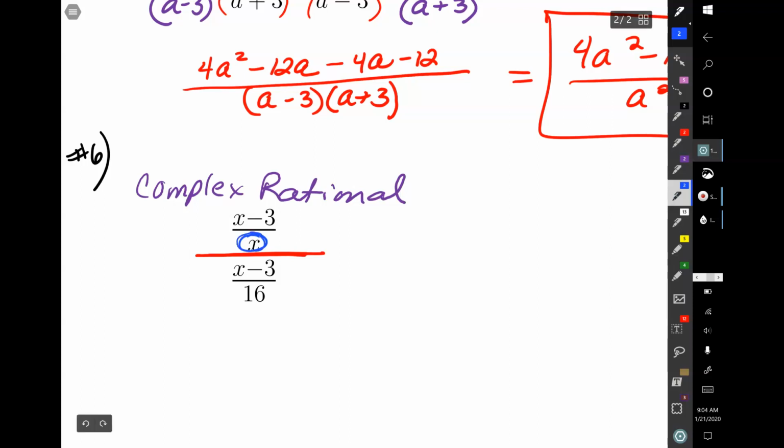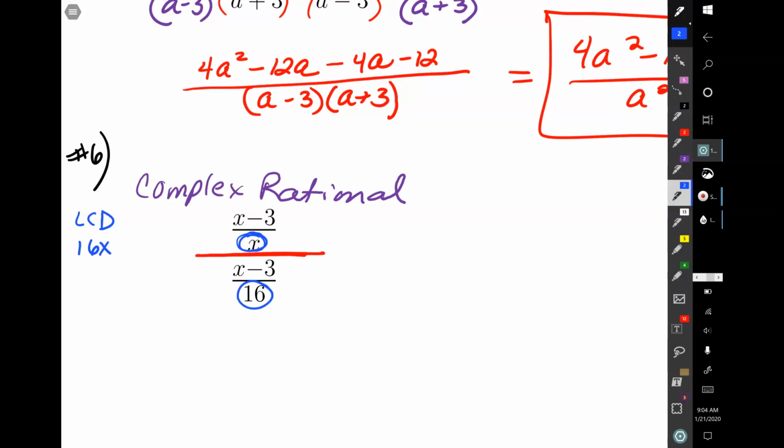So I have a denominator of x for that one. And then in the other fraction below, remember we have fractions within fractions, I have x minus 3 over 16. So I have a 16 in that denominator. So my LCD would actually be 16x.